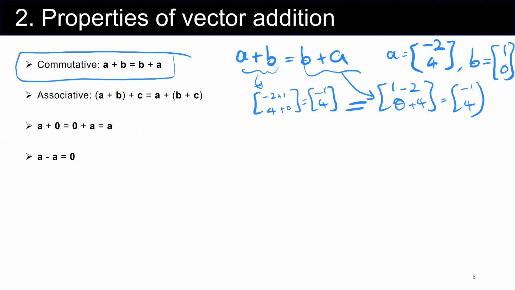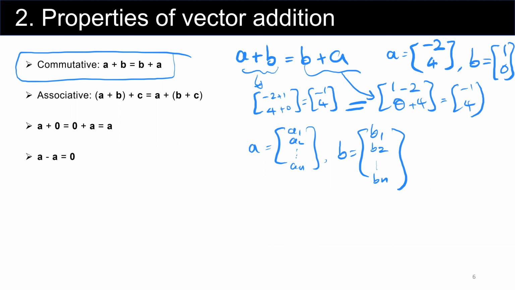And if you want to prove this in general, you just need to define vector A to be A sub 1, A sub 2, to A sub n, and vector B to be B sub 1, B sub 2, to B sub n. And at the end of the day, what's going to happen?